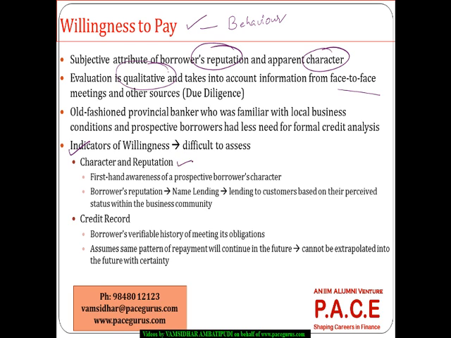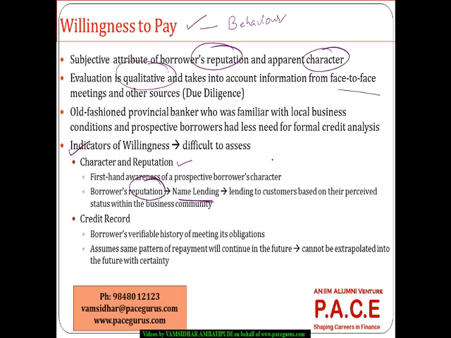Look at the character and the reputation of the person, and get a first-hand awareness of the character of the borrower. What is his reputation? In some cases we call it name lending. Based on the name and reputation of the person in that particular country or locality, the lending is done to that customer.